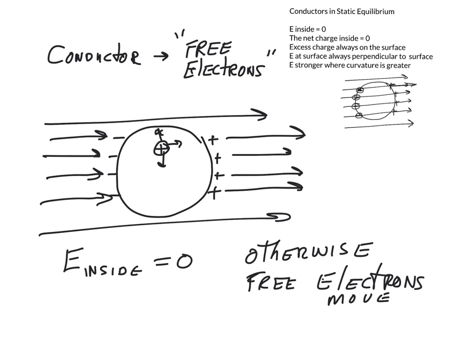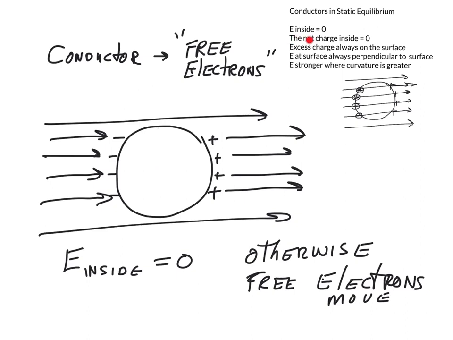So an unpaired charge inside a conductor means there's an electric field, and if there's an electric field, charges move. So if there's an unpaired, unbalanced charge inside a conductor, the thing automatically can't be in equilibrium because it violates the first condition, and free electrons are going to move.